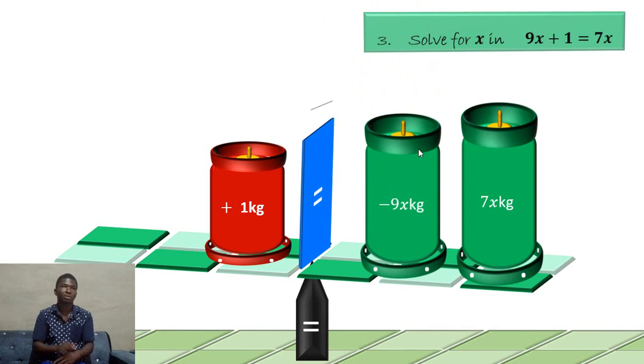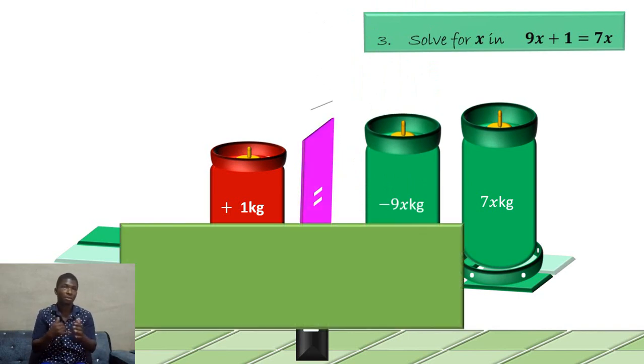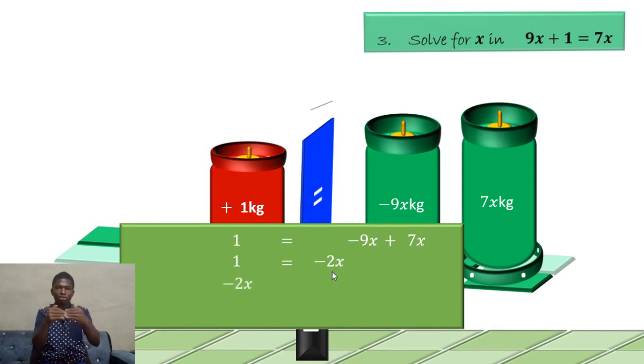Alright, so I can have it now as 1 equals minus 9x plus 7x. So 1 now equals minus 2x.